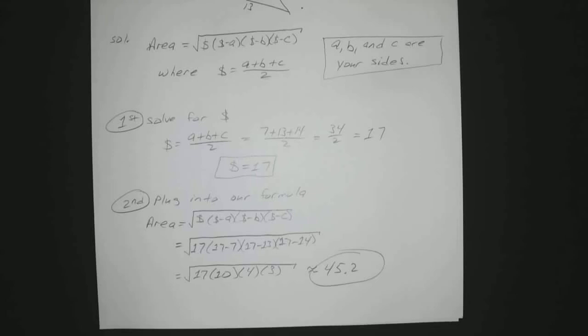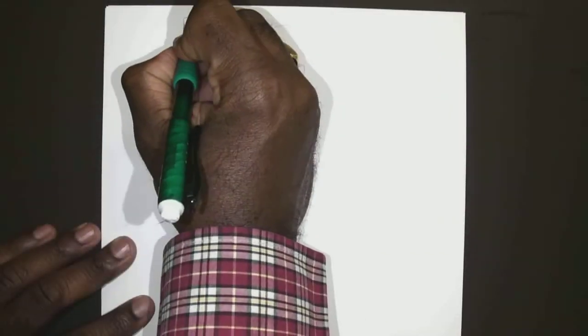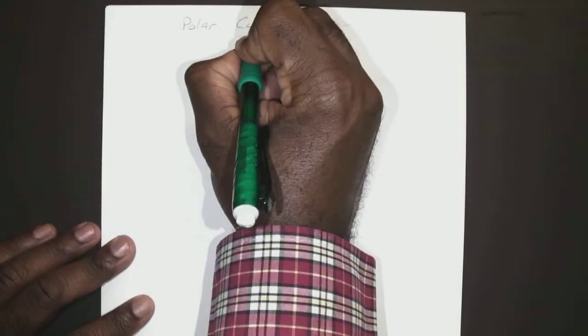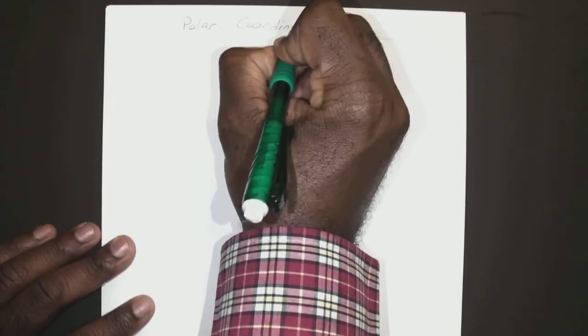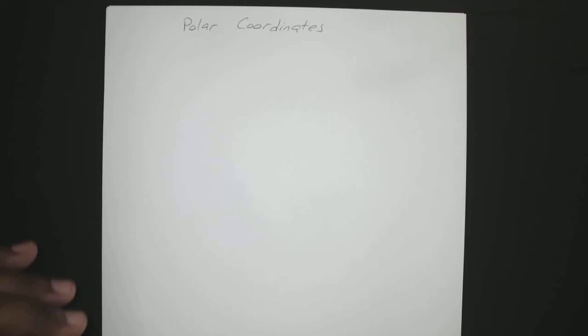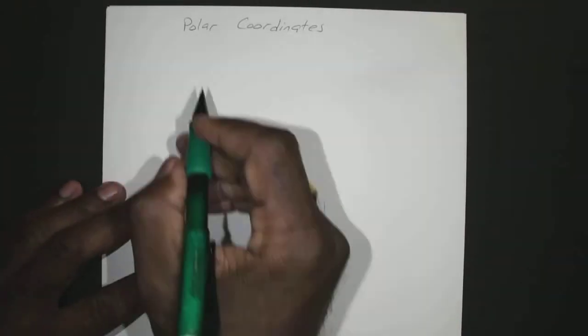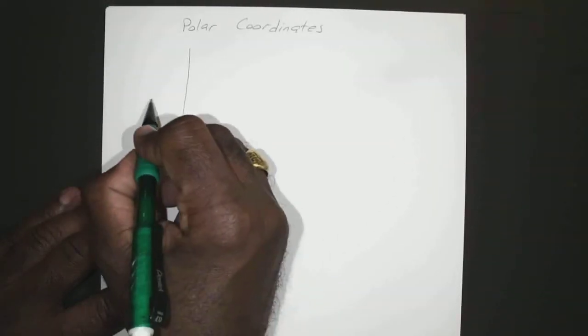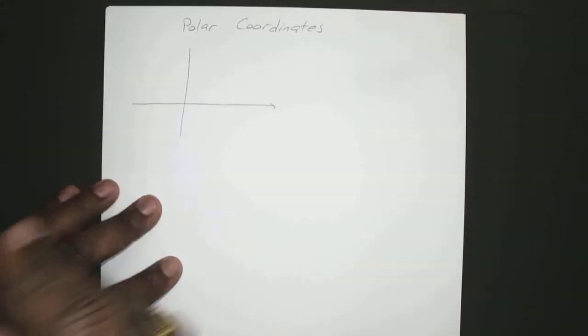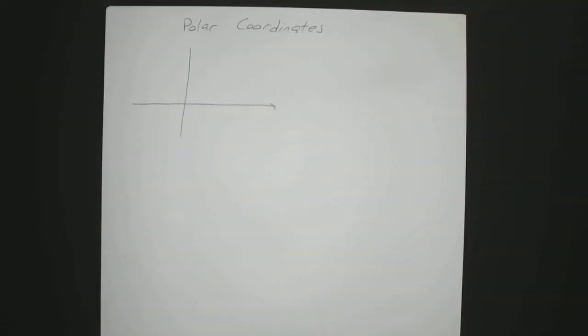Okay, so now we're going to start with polar coordinates. So far we've been using either, you can call them rectangular or Cartesian coordinates.